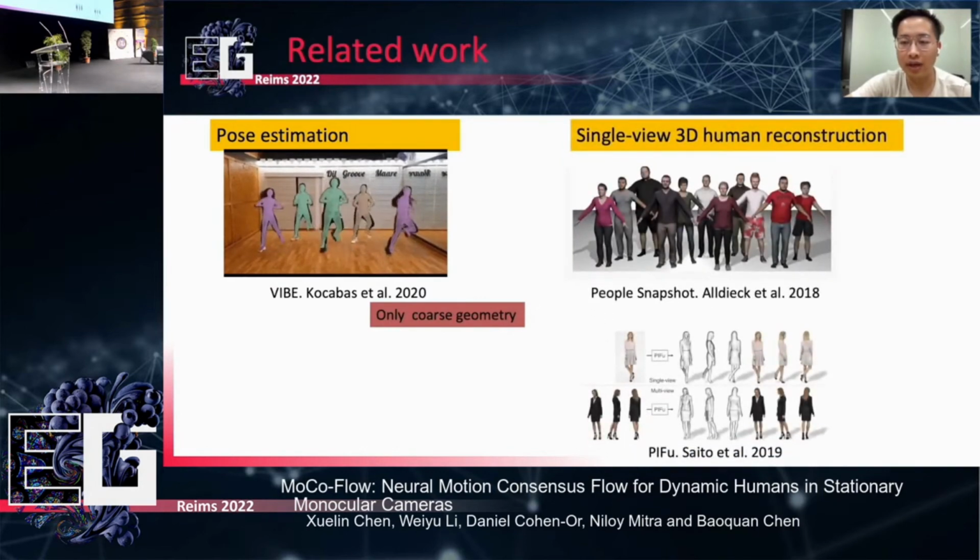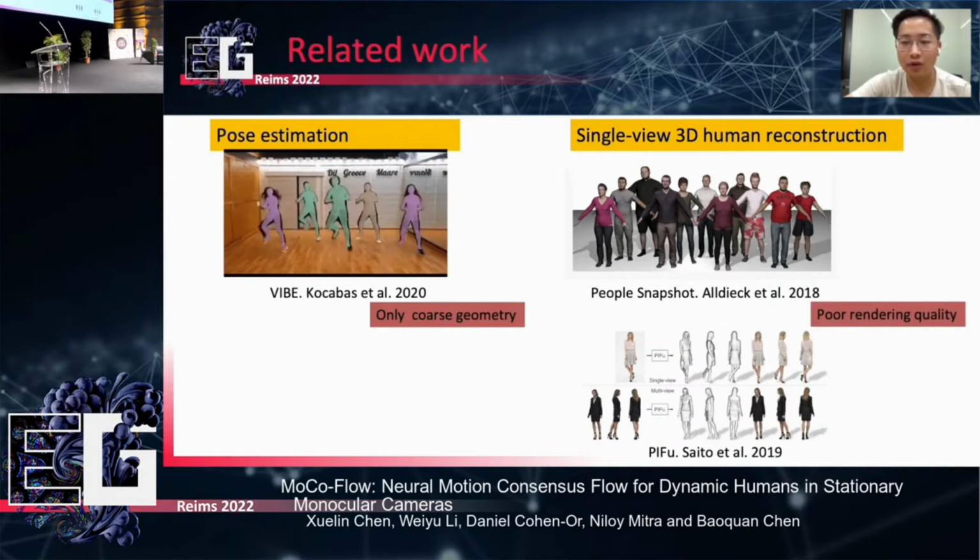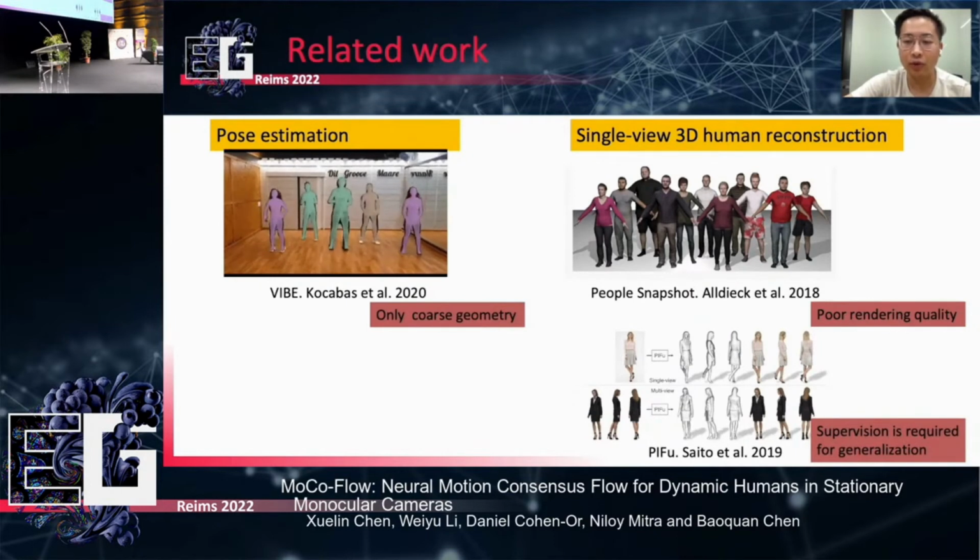In single-view human reconstruction, to constrain the solution space for the unobserved body parts, some model-based methods try to obtain the final geometry by deforming pre-scanned or parametric templates, usually leading to poor rendering quality due to the use of explicit geometry representation. Others try to utilize prior knowledge learned from a large amount of annotated data, which apparently implies an out-of-distribution issue when applied in real application scenarios.